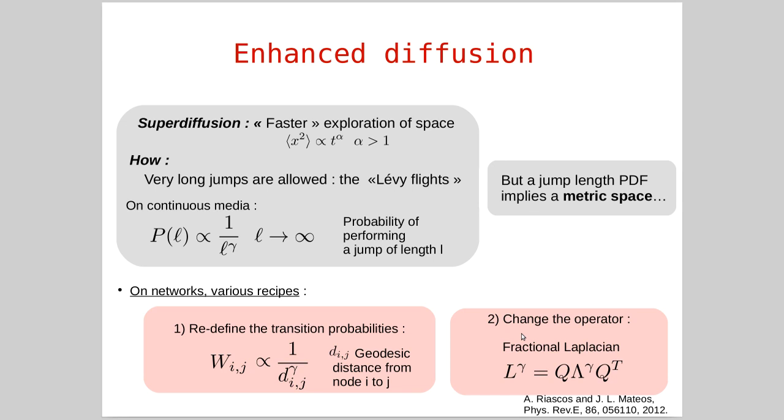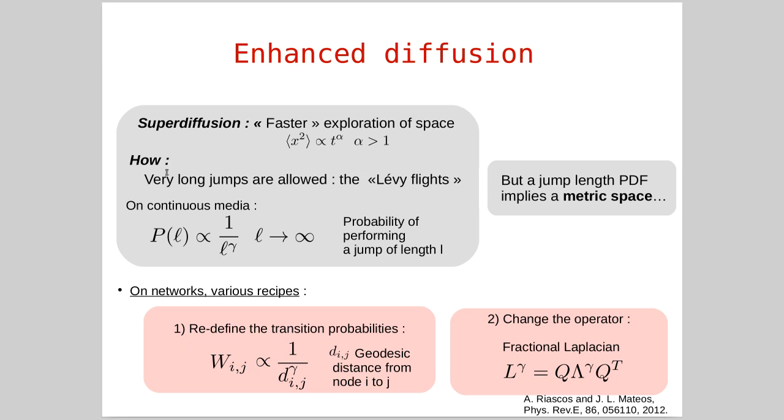Let's have a more precise take on it. As I said, superdiffusion, so to speak, is a faster exploration of space in which you have this alpha exponent bigger than 1. How do you do it?